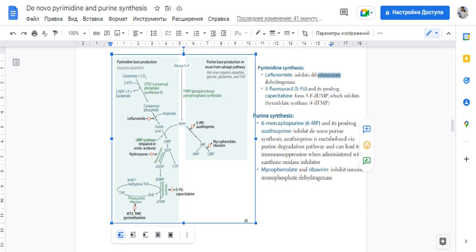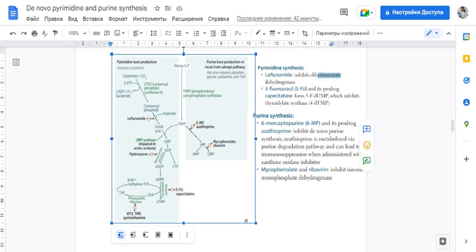Orotic acid is formed from carbamoyl phosphate. Carbamoyl phosphate is formed de novo or from the urea cycle. We talk about de novo today, and it is formed by adding glutamine, CO2, and ATP, and glutamine is the substrate for nitrogen here.